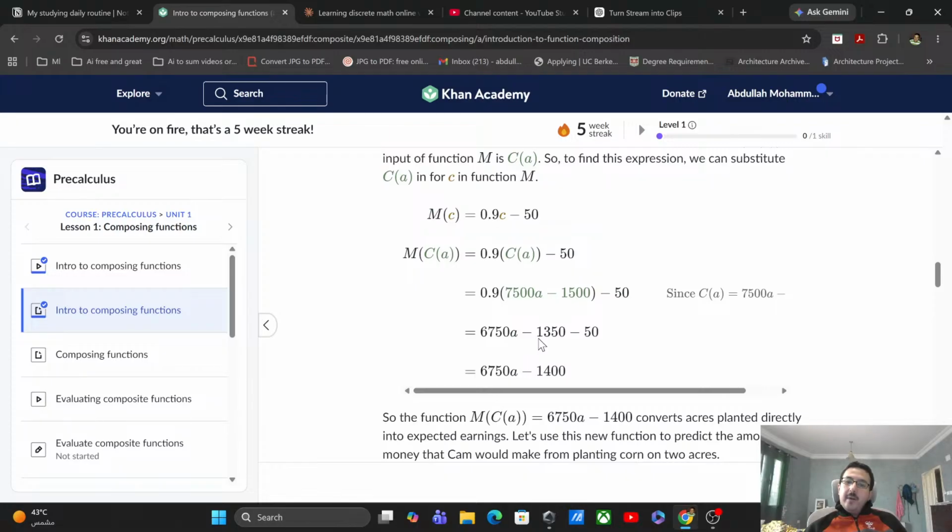Note the minus. So minus 1350 and minus 50.